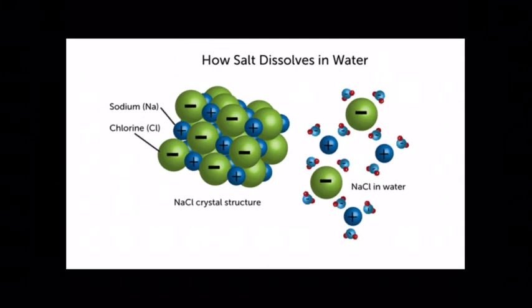This crystalline structure of salt falls apart because the negatively charged chloride ions and the positively charged sodium ions are very interesting to the water molecules.